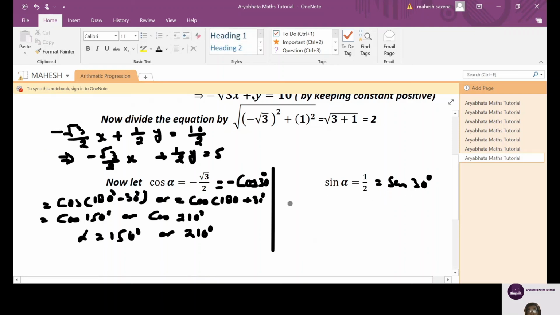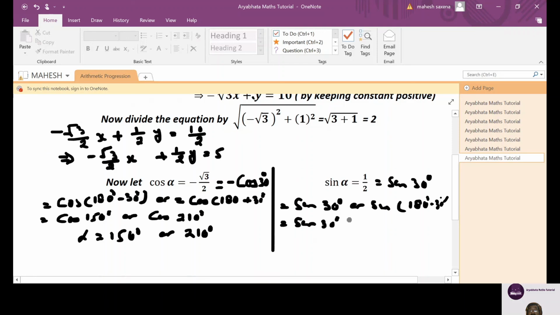Therefore, it can be represented as sin 30 degree or sin of 180 degree minus 30 degree. That is equal to sin 30 degree or sin 150 degree. Therefore, in this case, alpha can be 30 degree or 150 degree.